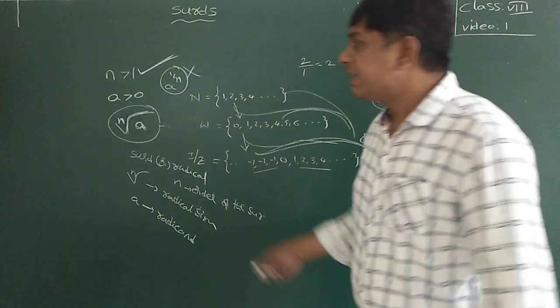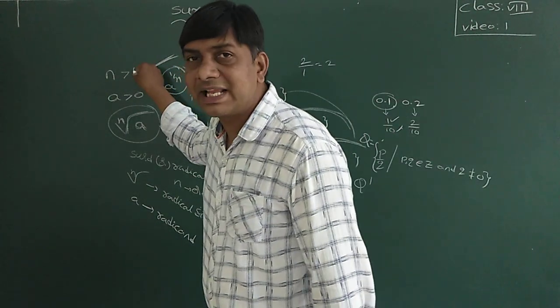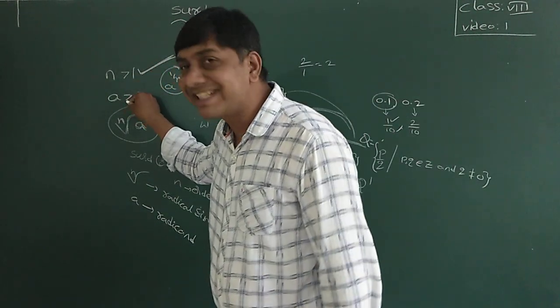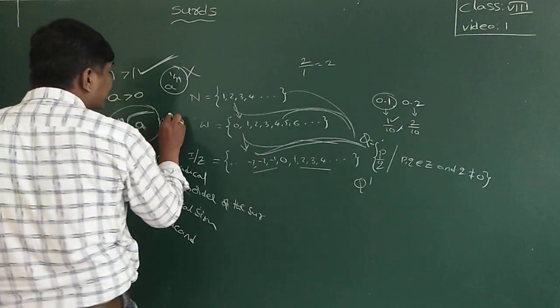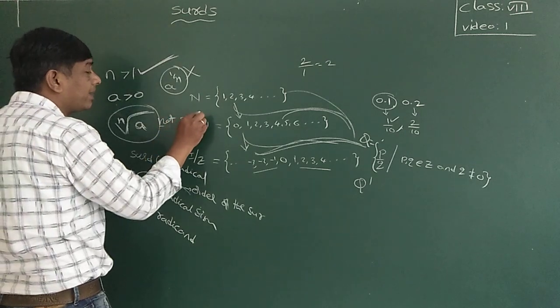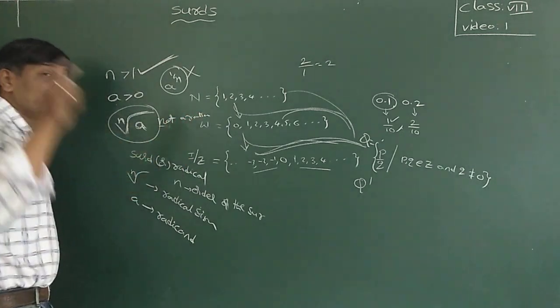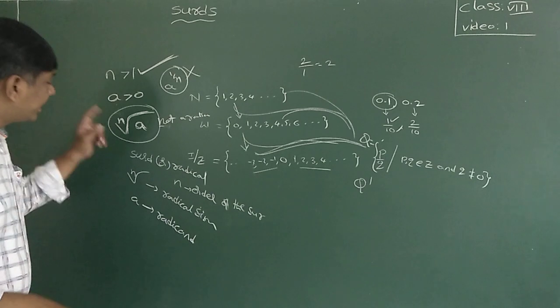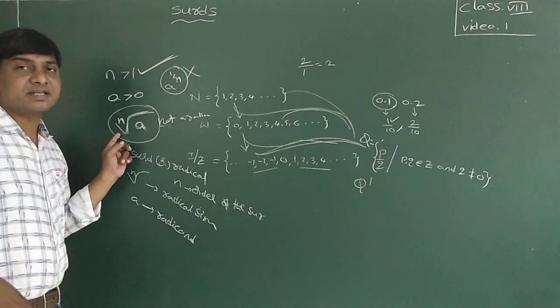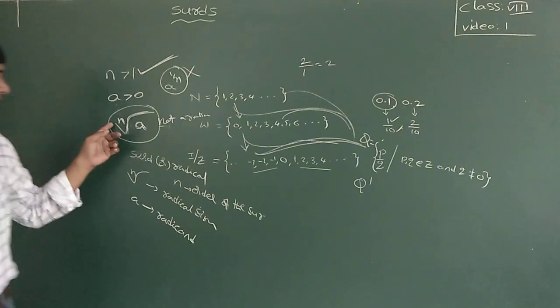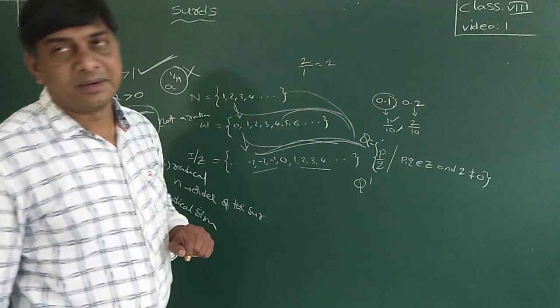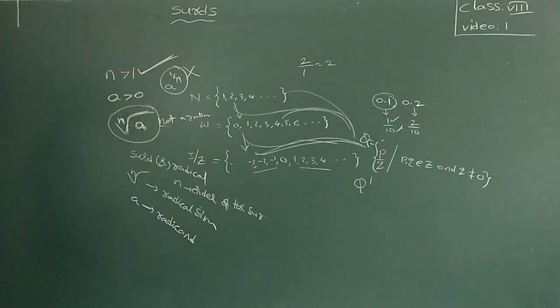If n is any positive integer greater than 1 and a is greater than 0, and nth root a is not a rational number, then nth root a is called a surd. The other name of surd is radical.